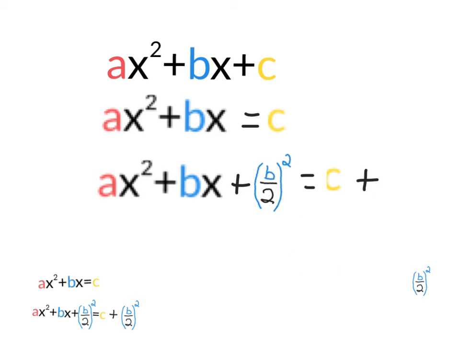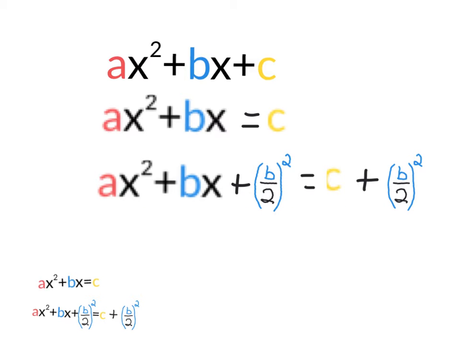Now half of b, again, if b was 4, then we would just add 2 squared. If b was 10, we'd take half of 10, which is 5, and square it. I've written it out as this fraction, b divided by 2. It just means half of b squared. This is the way we're going to write our equation, and then we're going to solve it.